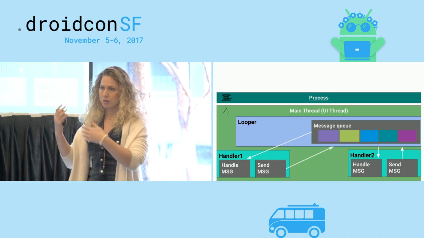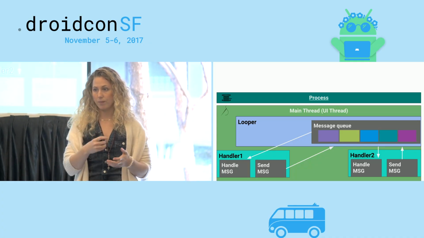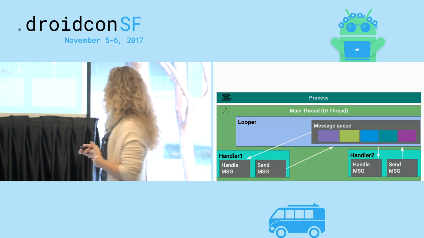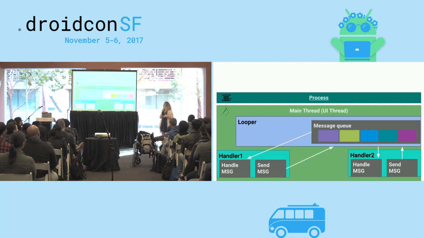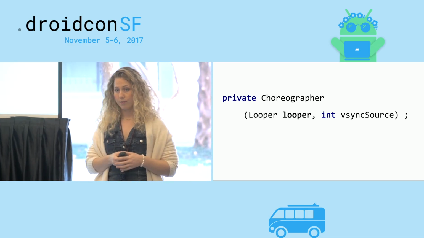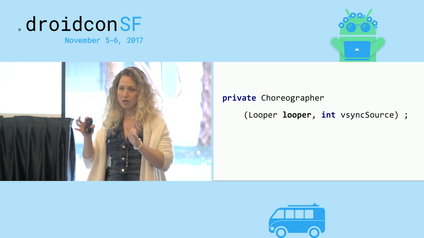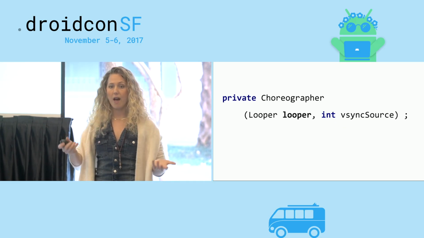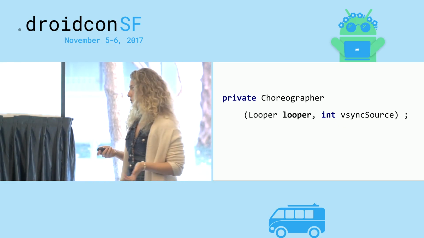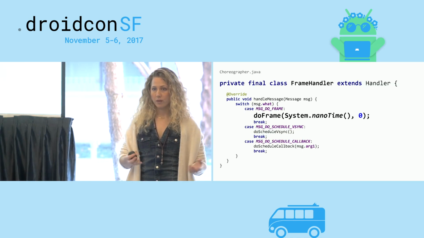They can give it messages and receive the messages for the right object. That's kind of what's happening with a choreographer. A choreographer is attached to the main thread looper. For each looper thread, there is going to be a choreographer attached to the looper, with its own frame handler.